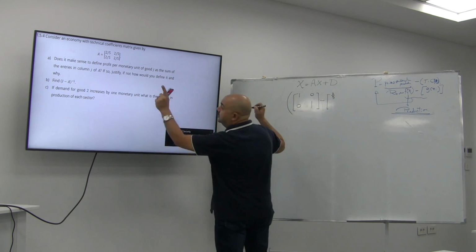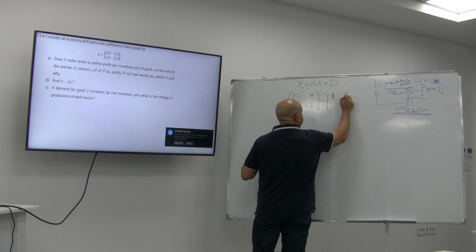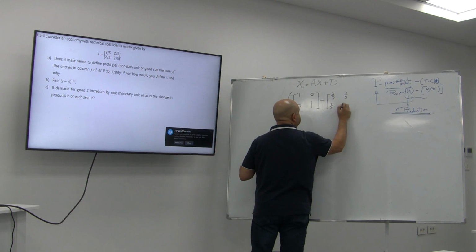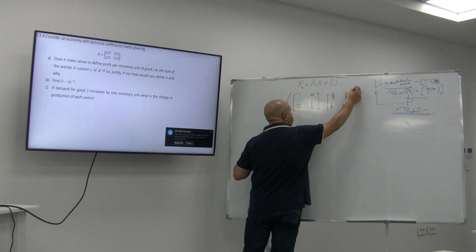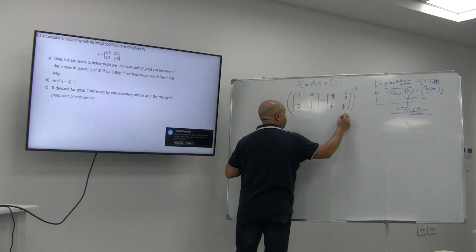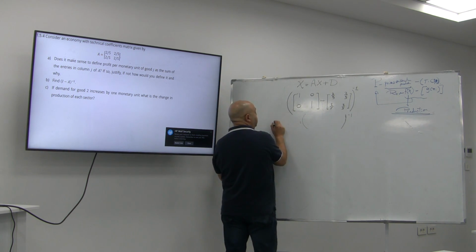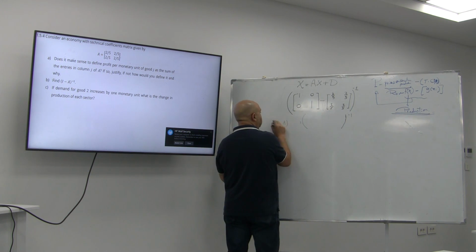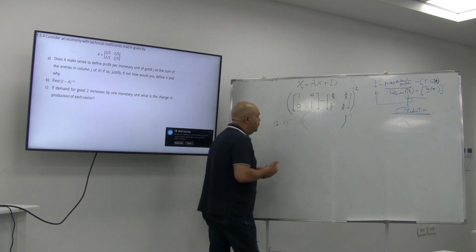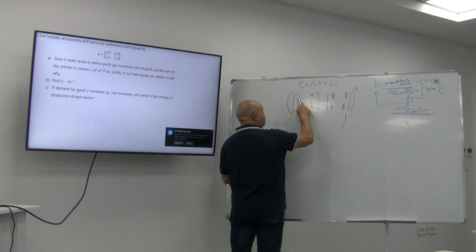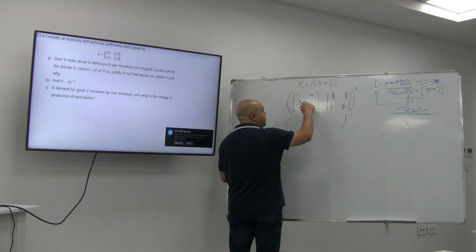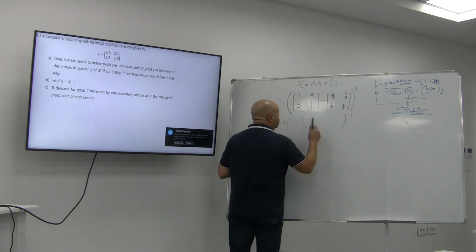2 over 5, 2 over 5, 2 over 5, all of them 2 over 5s. Okay. Then open another matrix. Then, you can do it. What is the 1? With 2 over 5, the 1 must be 5 over 5. 5 over 5 minus 2 over 5, the result will be 3 over 5.